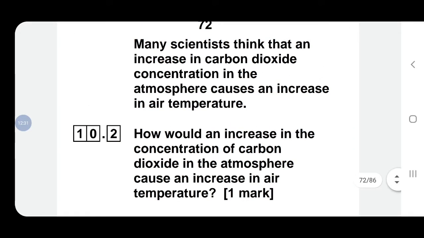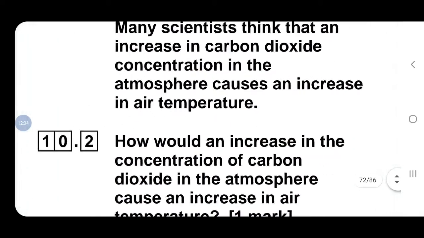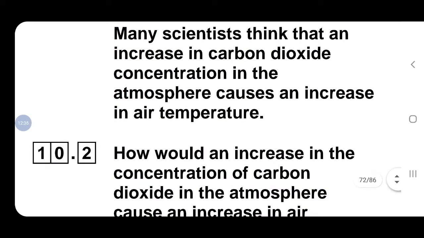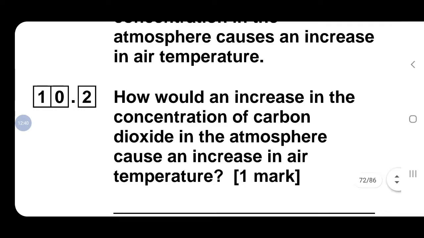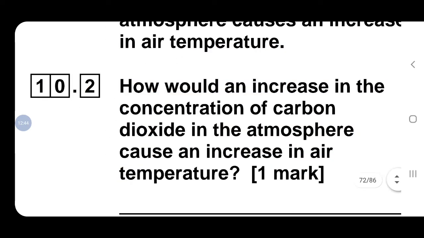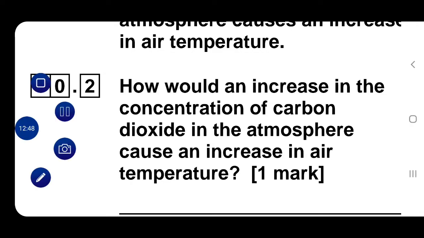Next one. Many scientists think that an increase in carbon dioxide concentration in the atmosphere causes an increase in air temperature. How would an increase in the concentration of carbon dioxide in the atmosphere cause an increase in air temperature?